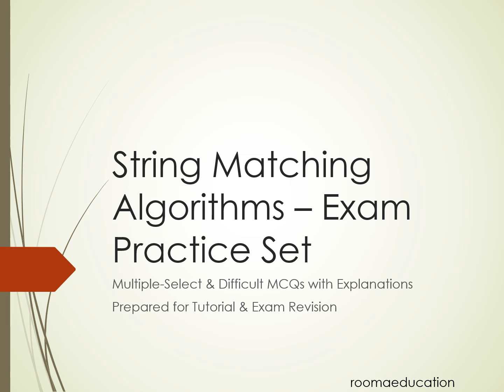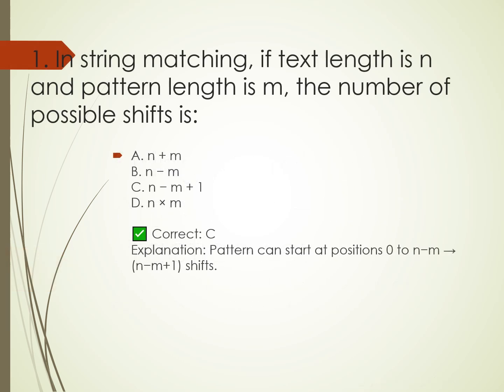So let's begin. In string matching, if text length is n and pattern length is m, how many possible shifts are there? Options: A. n plus m, B. n minus m, C. n minus m plus 1, D. n multiply m.